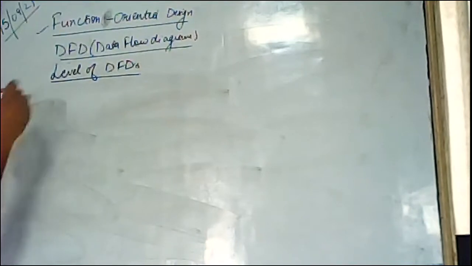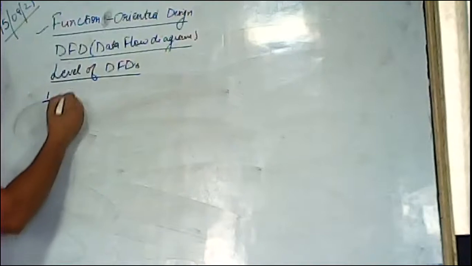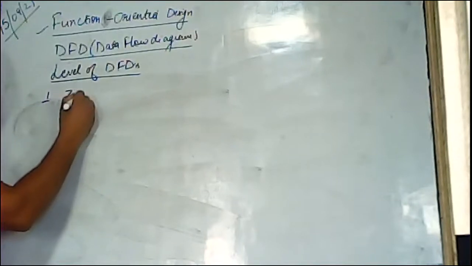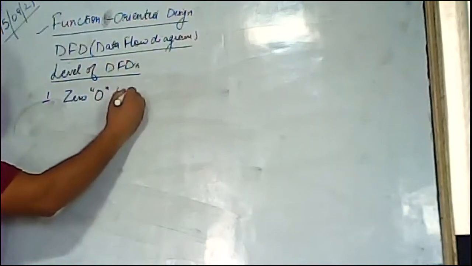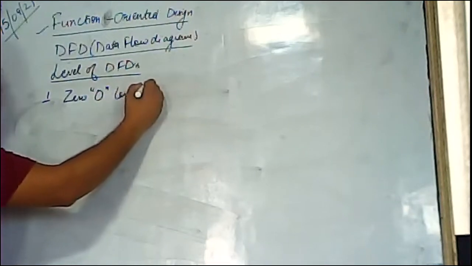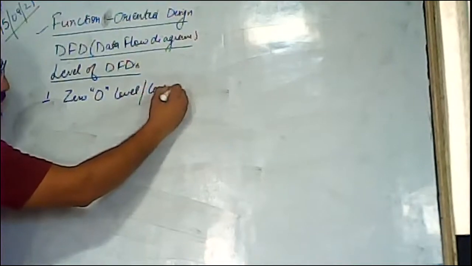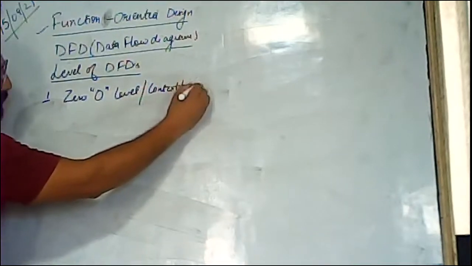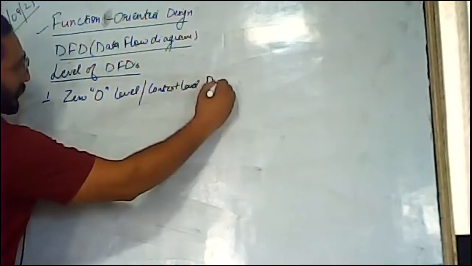First of all, there is the first level that is called the zero level, and it is also called the context level diagram.